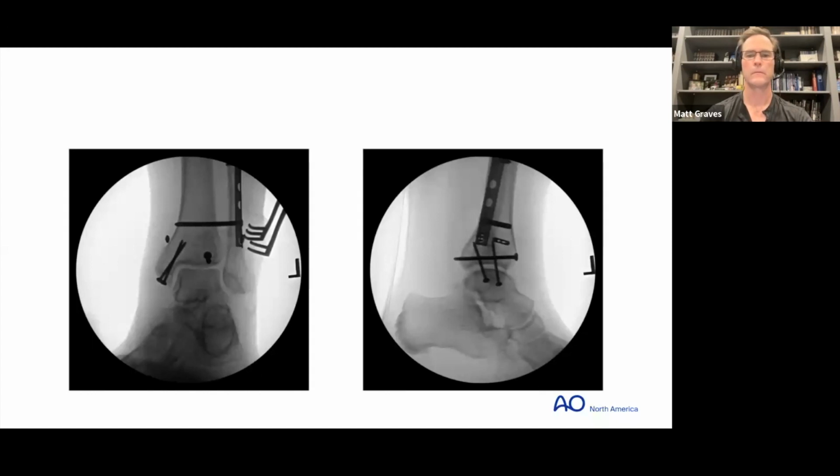The plan is never to take this screw out. Once the screw breaks, I'm potentially giving her a little bit more longevity on fixation with the tightrope backing it up. What do you guys think about that?